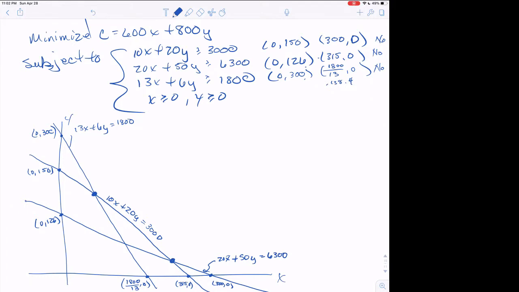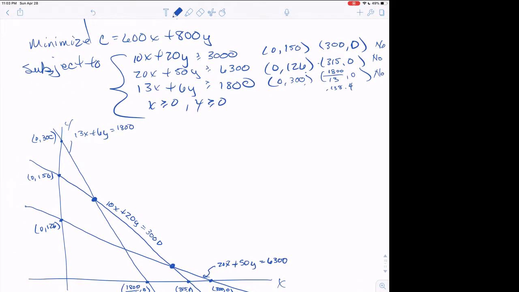Okay? So now I need to find where 13x plus 6y equals 1800 and 10x plus 20y equals 3,000 intersect, and that point is 90, 105.